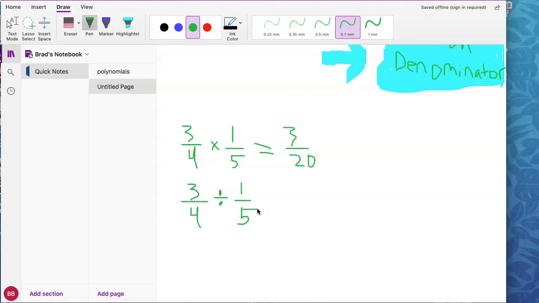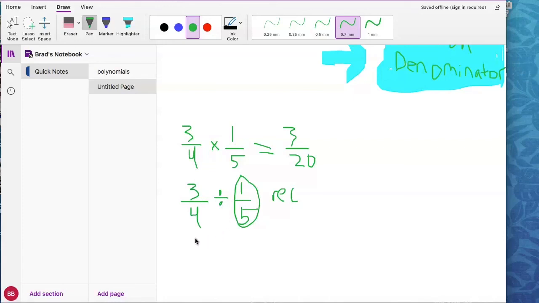Okay, so on this number right here, this fraction, 1/5, we need the reciprocal. Reciprocal, right? That's the key. Reciprocal, what does that mean? That means flip them. So 1 out of 5 is going to equal 5 out of 1, and then we multiply them together. It's just something that you have to memorize, right? Because it's not complicated, right?